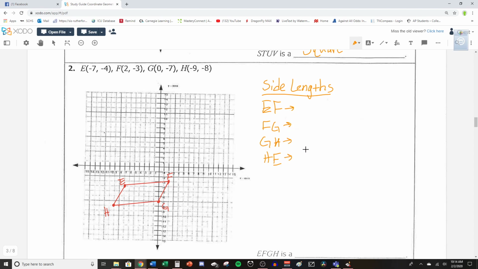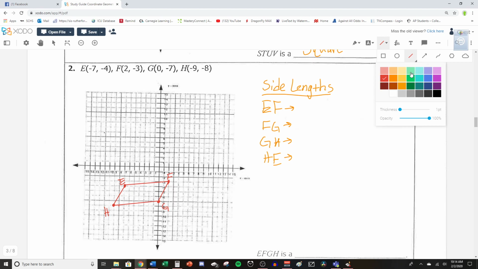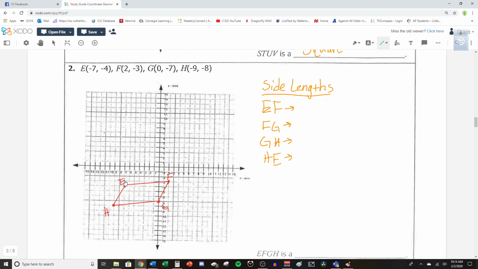Hopefully you can tell that EF is not congruent to FG just by looking at it. We do need to prove it with the numbers, however. So I'm going to go ahead and draw up one over, we got to figure out how far that is. 1, 2, 3, 4, 6, 7, 8. It looks like 9 on there. I need to change to pencil.